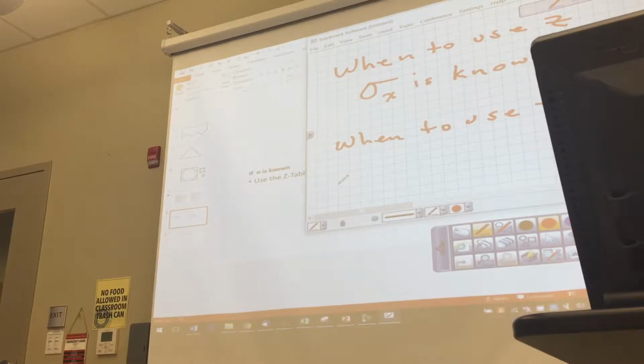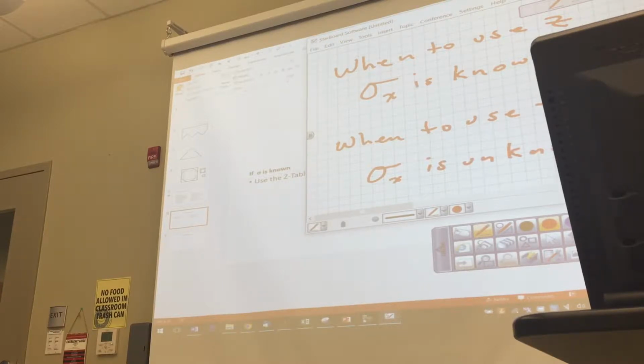In most cases, some people will say over 30, some will say 35, some will say 40. It varies. Use the Z table if the standard deviation is known. You use the T table if this is unknown. So that's the big difference, and then how you have to calculate those.